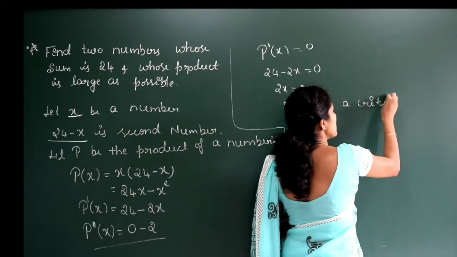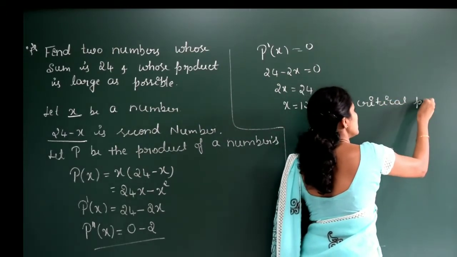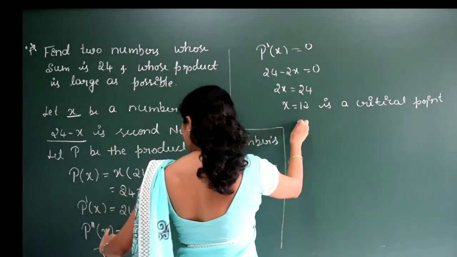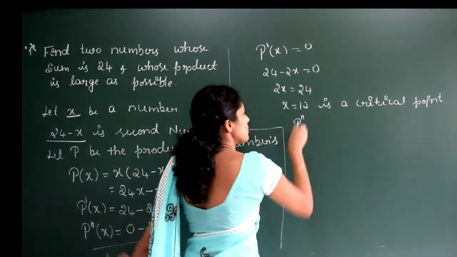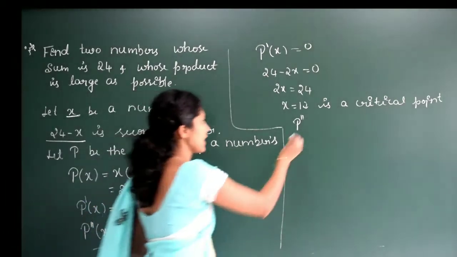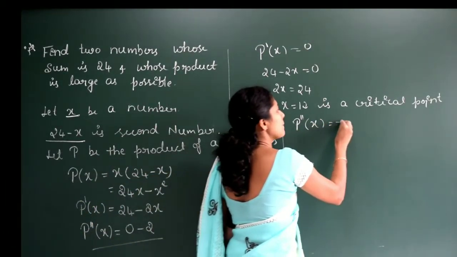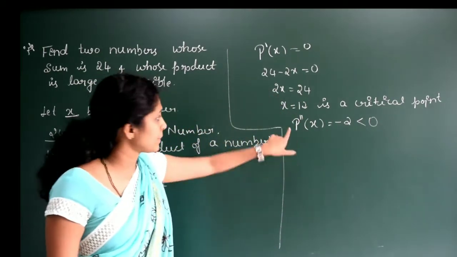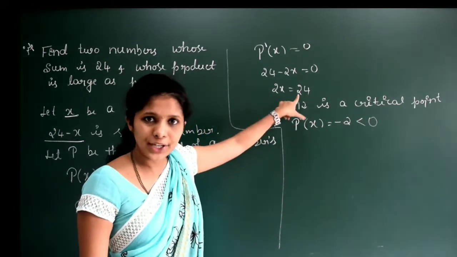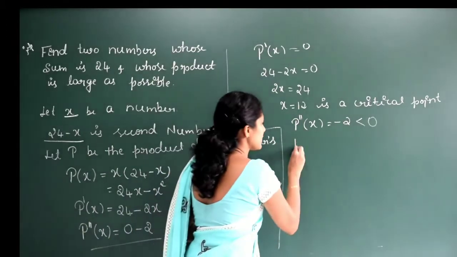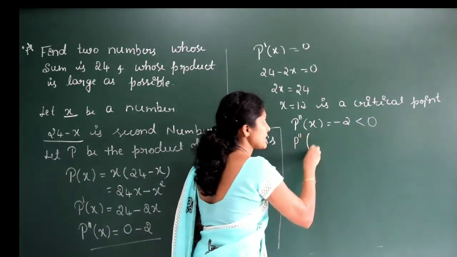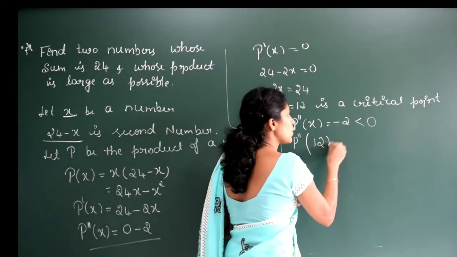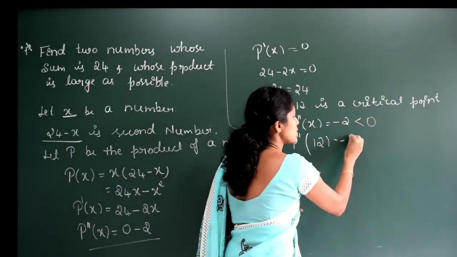Now, what is p double dash of x? Here p is the product. So p double dash of x is equal to minus 2, and this is less than 0. Now I have to check p double dash of x at the critical point. If I substitute the critical point 12, there is no value of x here, so this is also minus 2.